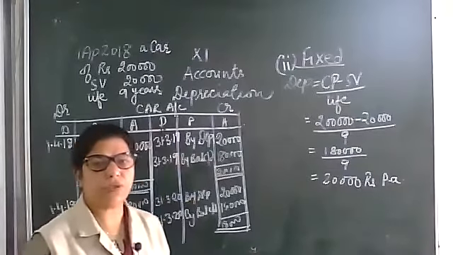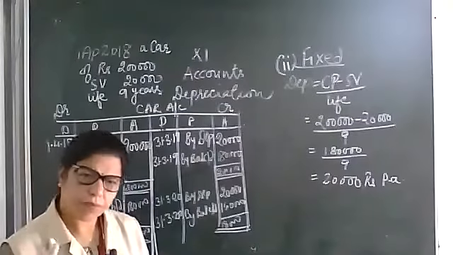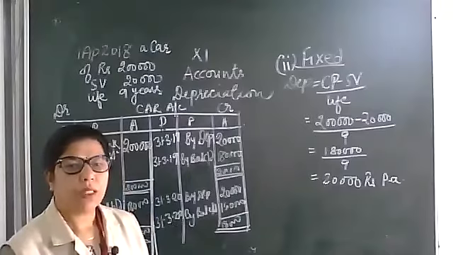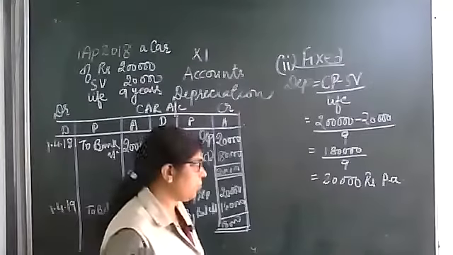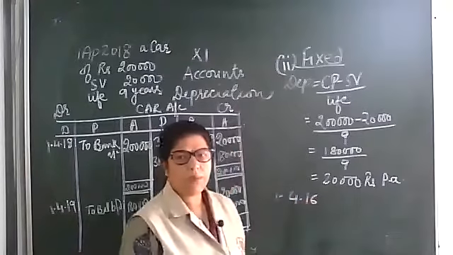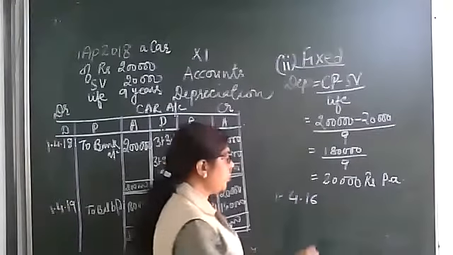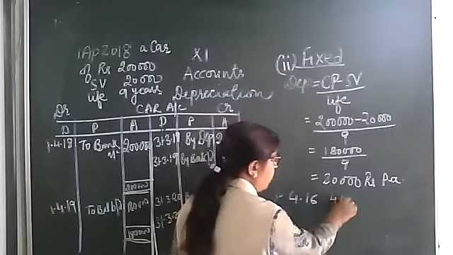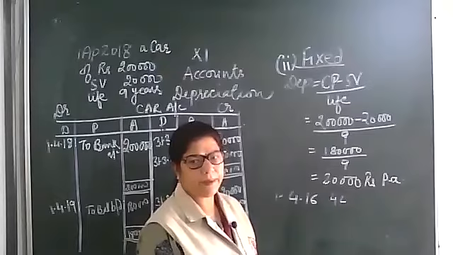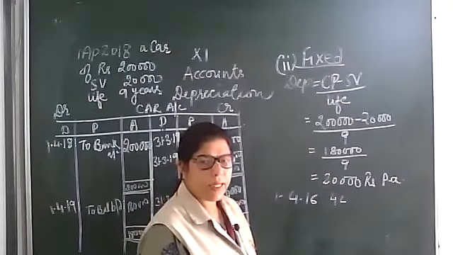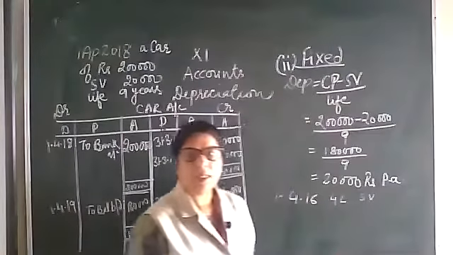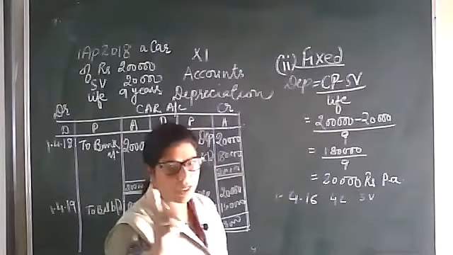Yes, now note down one more question. And this question is for 2 machines. Okay, the method will be the same. Note down please. On 1st April 2016, the company purchased a plant of rupees 4 lakh, scrap value is 1 lakh.